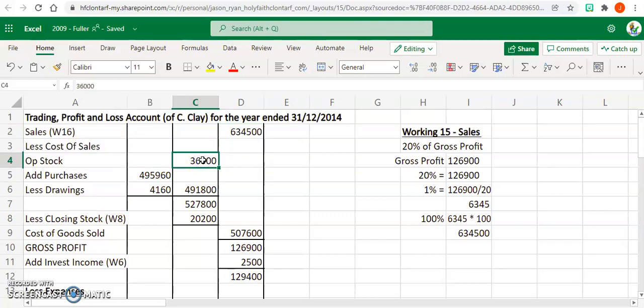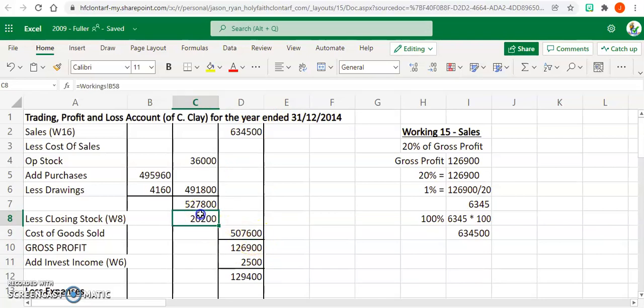So our opening stock will begin at the start of the question. We've got our drawings here that need to be taken away, and we'll have our closing stock figure here. We have 634,500 here, and we know our gross profit is this figure, so you take your gross profit away from your sales to give you 507,600.